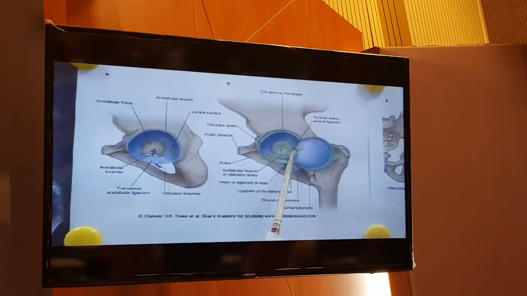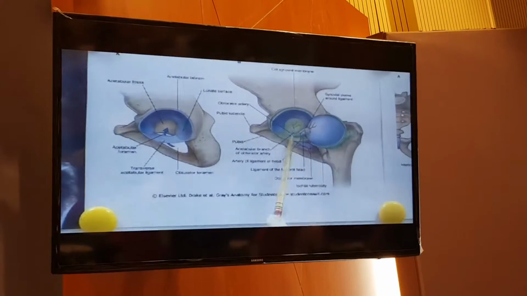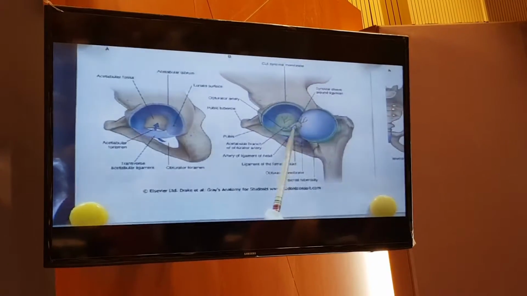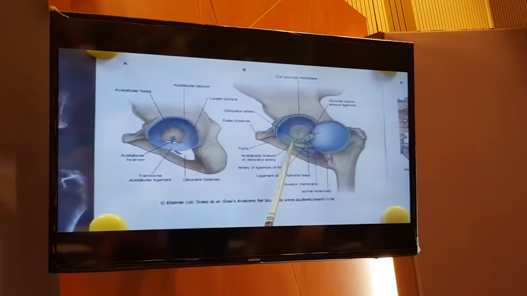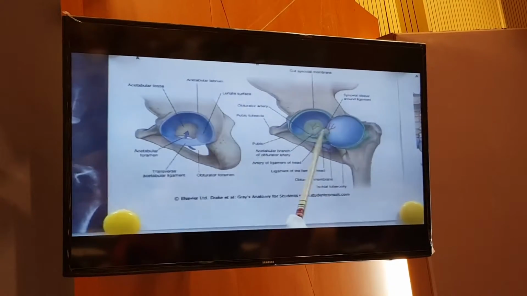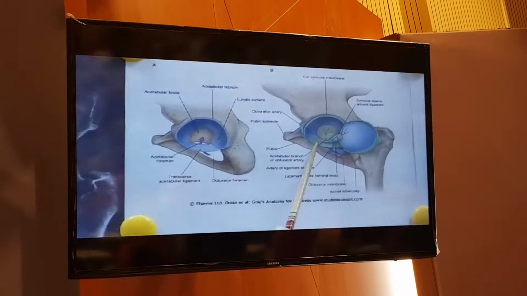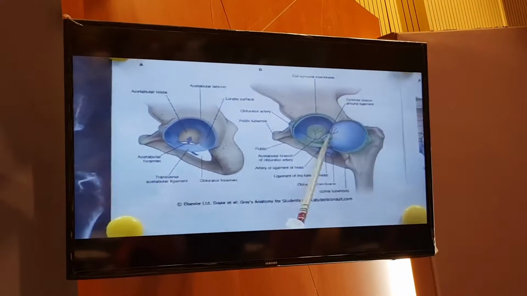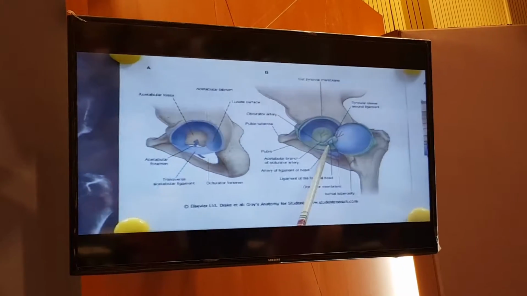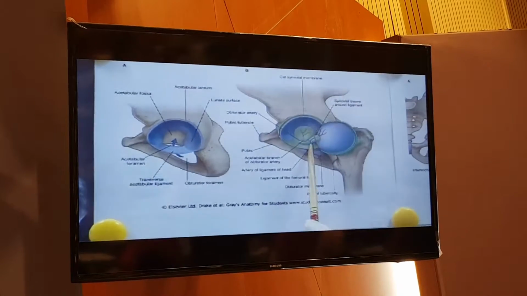From the fovea to the transverse acetabular ligament is one ligament called the ligament of the head of the femur. Inside there, a small artery is there. So the ligament of the head of the femur and the transverse acetabular ligament are intracapsular ligaments of the hip joint. There are also extracapsular ligaments of the hip joint.